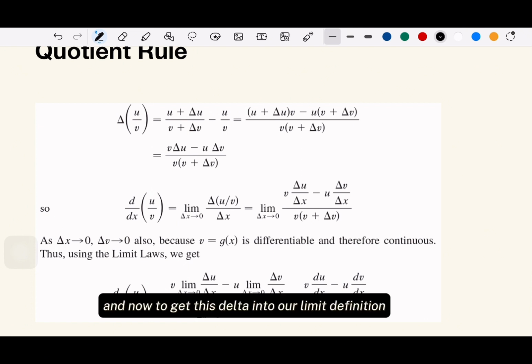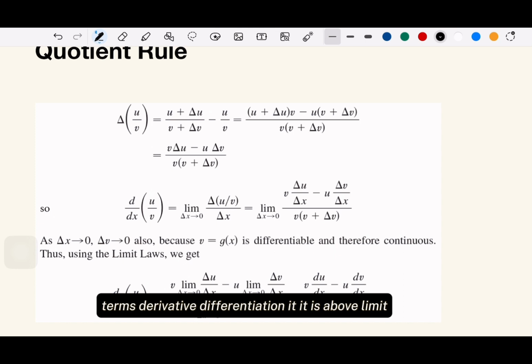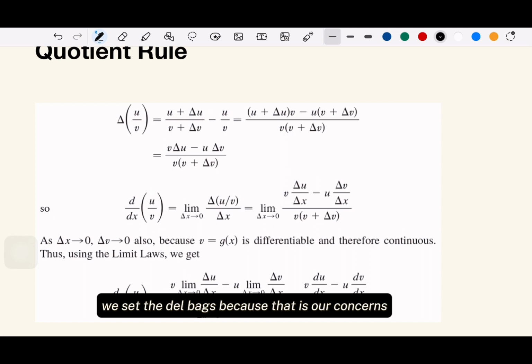And now, to get this delta into our limit definition and make it into differentiation, again, the same concept. Every time we see the terms derivative, differentiation, it is about limit. So we take the limit as delta x approaches 0. We set delta x because that is our concern.